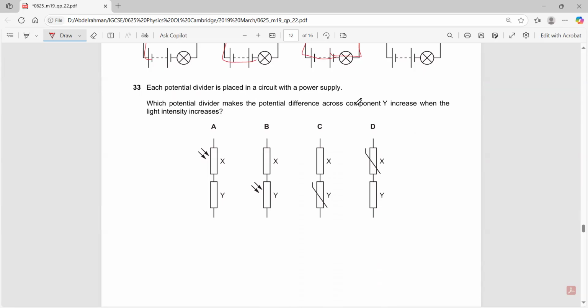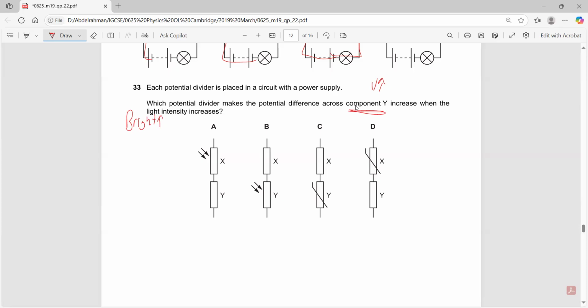Each potential divider is placed in a circuit with a power supply. Which potential divider makes the potential difference across component Y increase? We want the voltage to increase when the light intensity increases, when the brightness increases. So we're talking about an LDR.